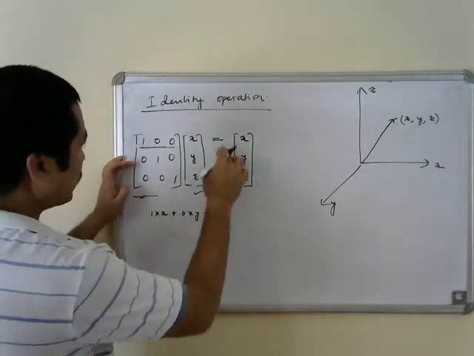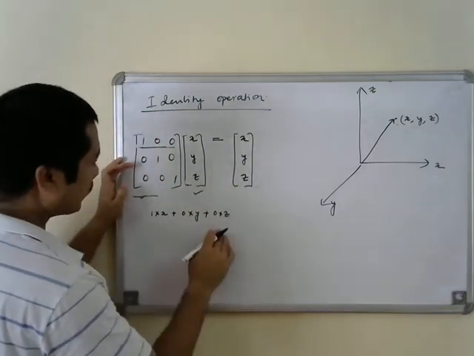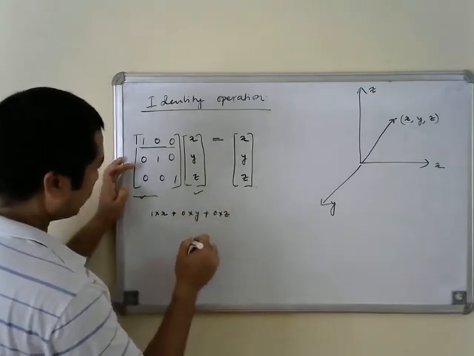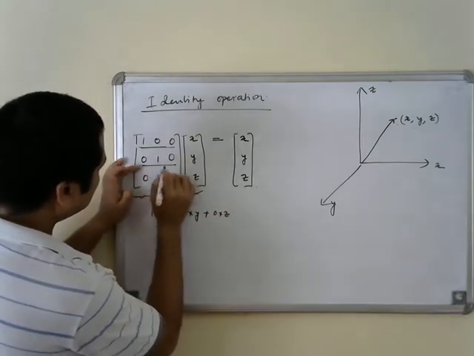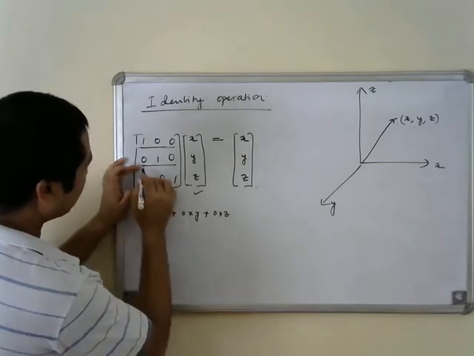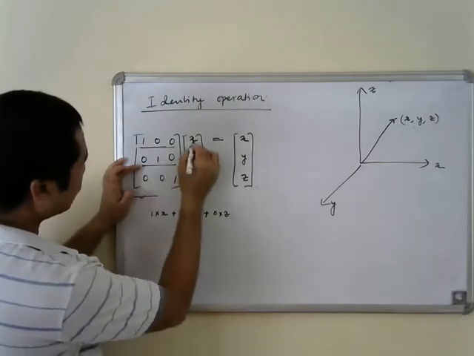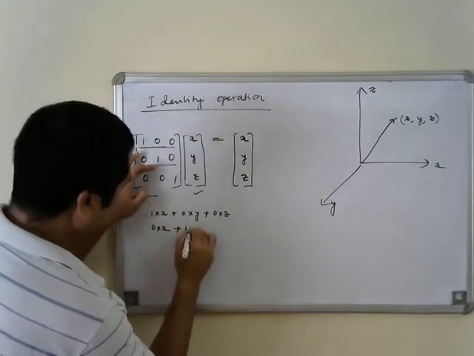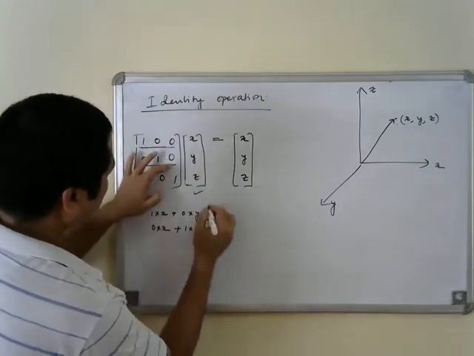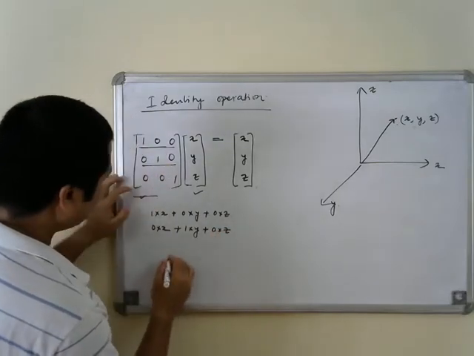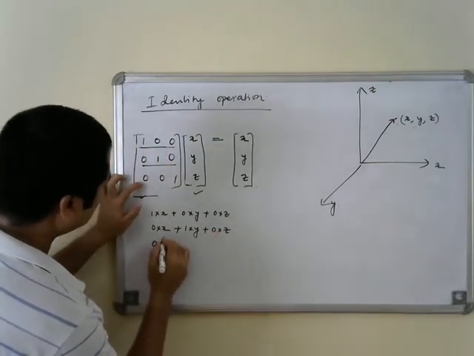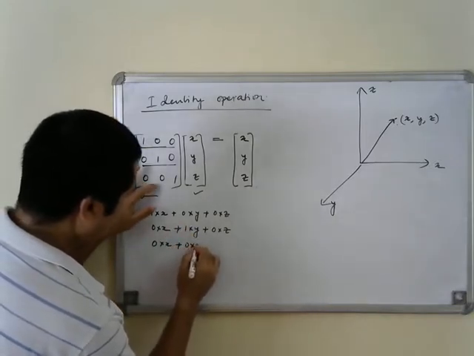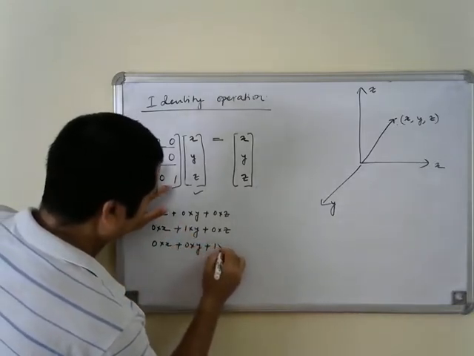There is no other column, so the result is going to be a 3 by 1 matrix. The second element is 0 into x, 1 into y, and 0 into z. The third element is 0 into x plus 0 into y plus 1 into z.